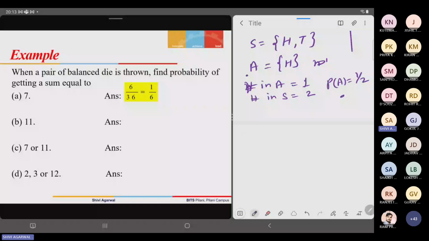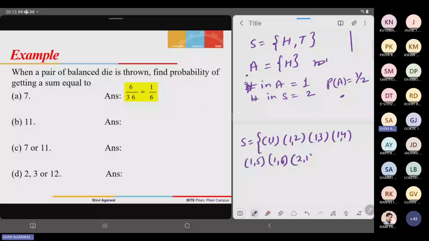So the combinations are 1,1, 1,2, 1,3, 1,4, 1,5, 1,6, then 2,1, 2,2, 2,3, and so on. These are 36 combinations.